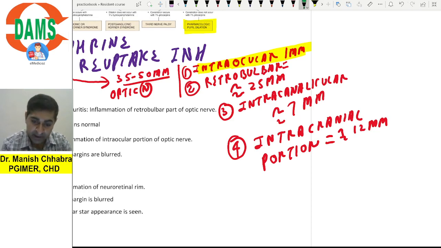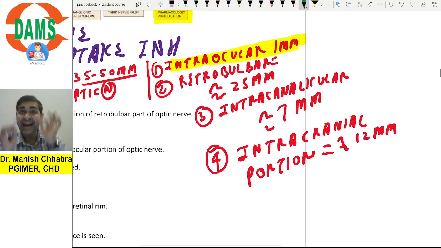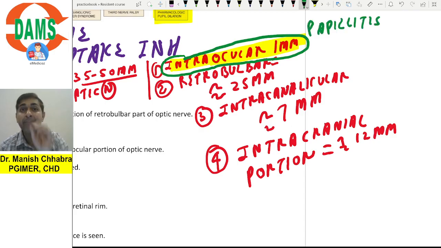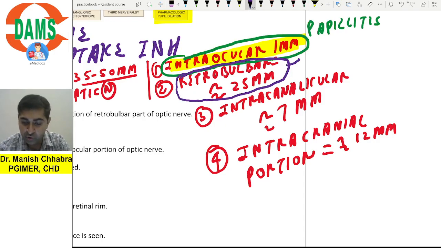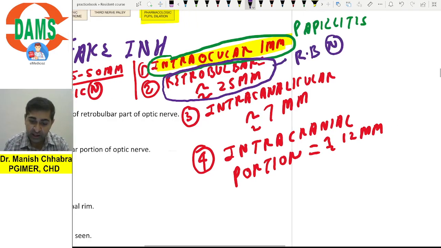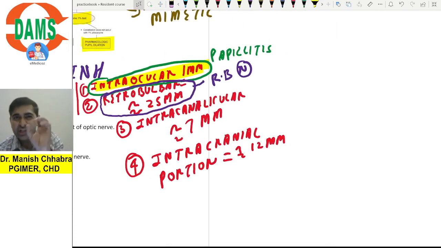Now anatomically, if there is inflammation of just the intraocular portion, you call it papillitis. But if there is inflammation of the retrobulbar portion of the optic nerve, you call it retrobulbar neuritis. And if there is inflammation of just the neuroretinal rim, you understand?